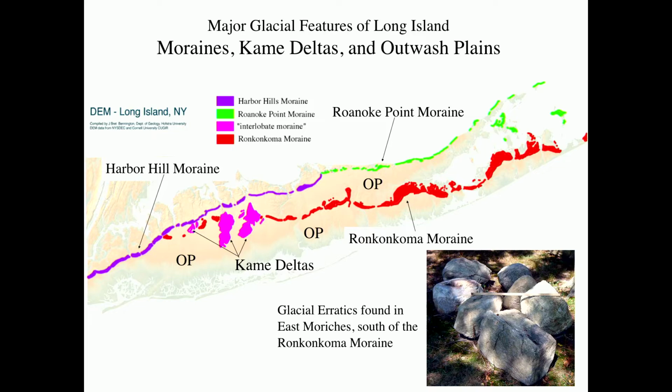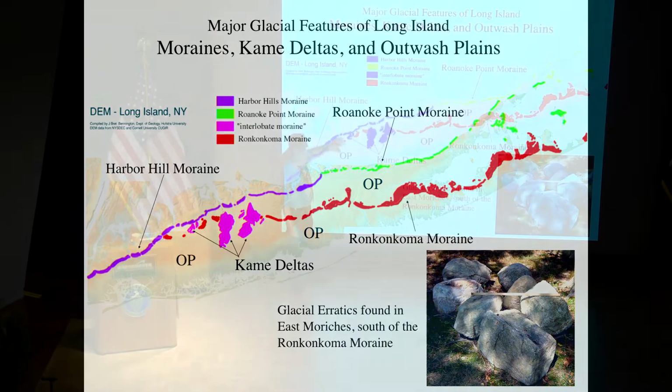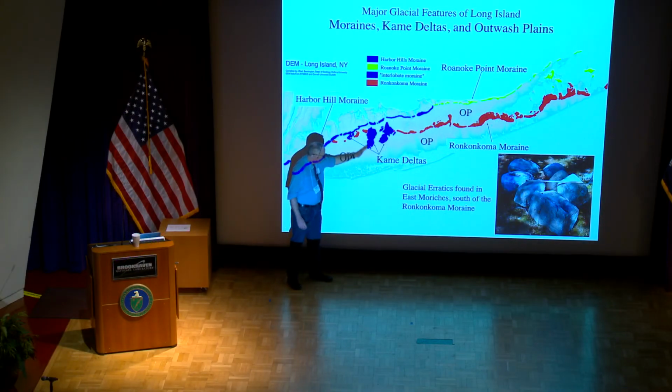They are large deposits of material that built out into a standing body of water, a proglacial lake. Now, it's not really clear what was causing that lake to form, what the dam was. It's possible there was an embayment in the ice here. It's also possible that there was a moraine further to the south, now offshore, that allowed a proglacial lake to form.